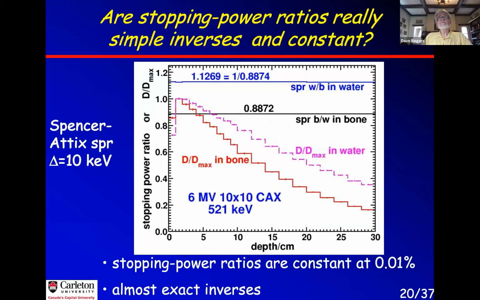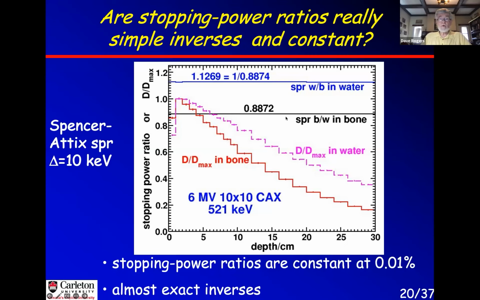And again, pushing this simple thing, I've already said that we actually use the inverse of the stopping power ratio, which is normally calculated. So I went ahead and calculated, in the blue line here, the stopping power ratio of water to bone in a water phantom. And then in this case, I calculated the stopping power ratio of bone to water in a bone phantom.